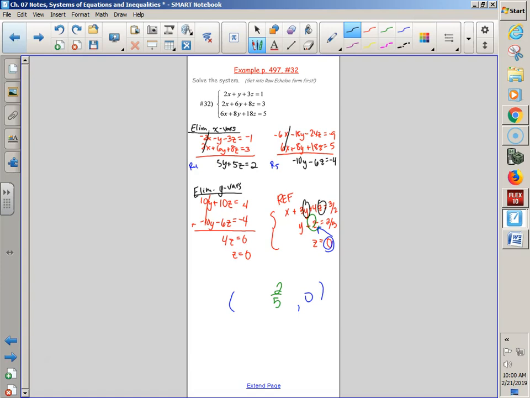Now, I don't know about you guys, it's starting to get a little rough in my head. So I'm going to do a little, okay, x plus 3 times 2/5 plus 4 times 0 equals 3/2. 4 times 0, well, that's nice. That whole thing is just a 0. I have 6/5 and 3/2. Uh-oh. Okay.